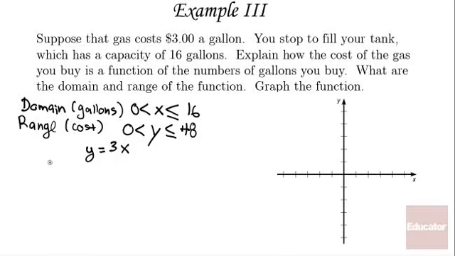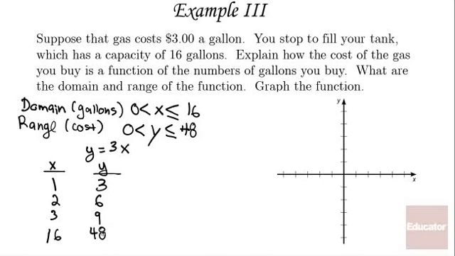The way I can graph is I can set up a table of x and y values. So let's say I buy 1 gallon of gas. The cost of the gas is going to be $3, looking at this equation. If I buy 2 gallons, it's going to be $6. 3 is going to be $9. And this is going to go on up to my maximum of 16 being $48.